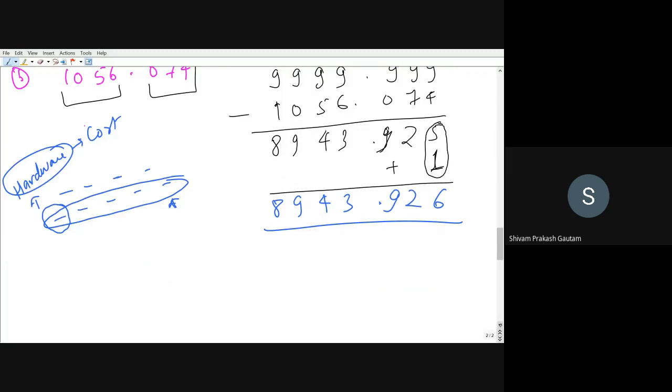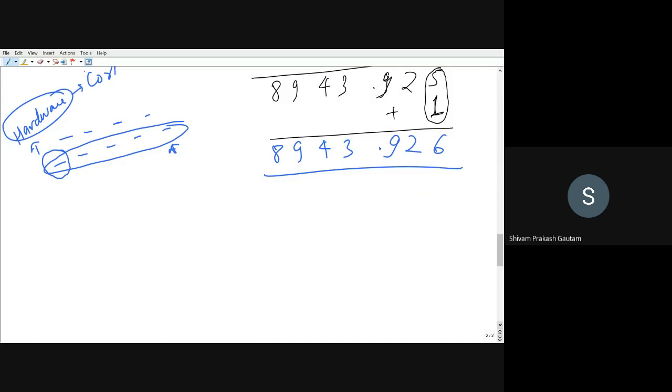Once we have seen the decimal point representation, and how to calculate 9's complement and 10's complement, now we will see subtraction using 9's complement.